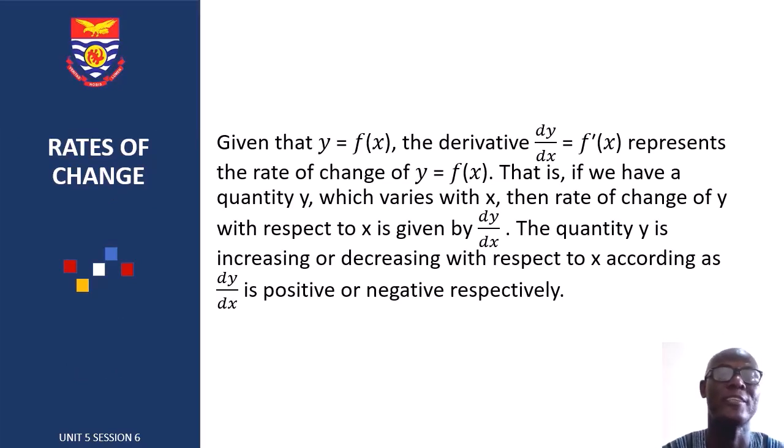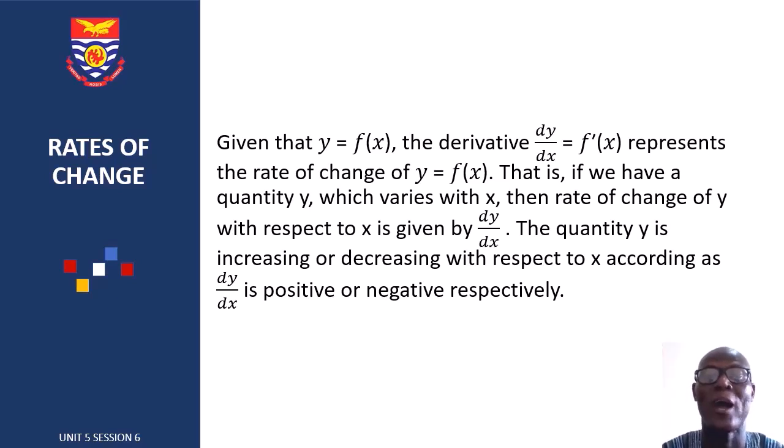Rates of change. If you are given a function y equals f of x, then its derivative dy over dx represents the rate of change in y with respect to x. That is, if we take y to be a quantity which varies with x, then the rate of change of y with respect to x is dy over dx.